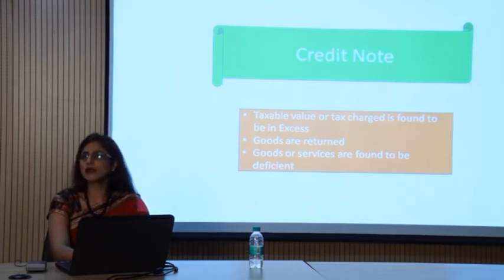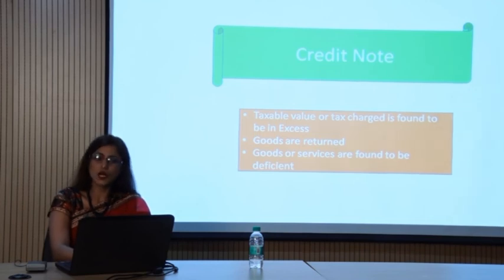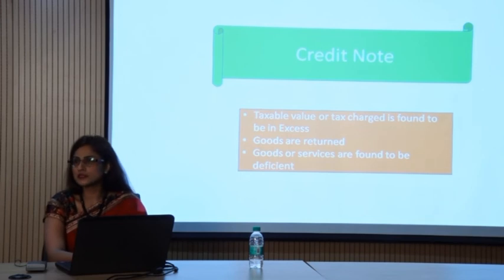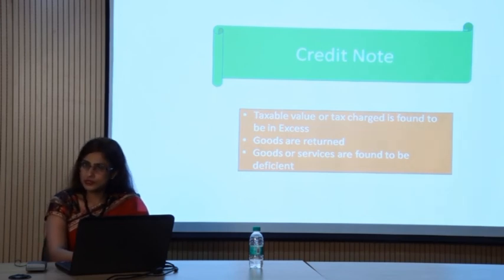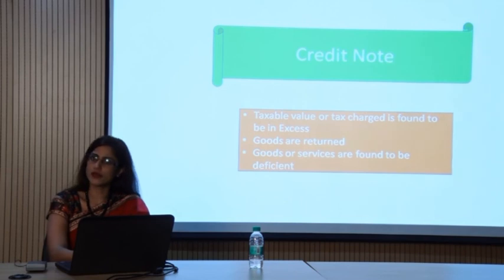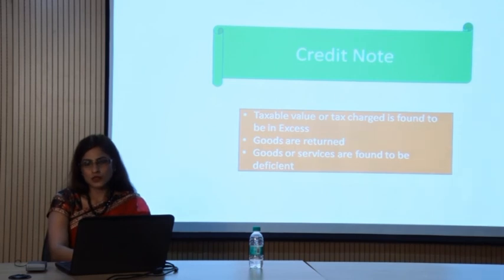You have already paid tax against these 100 sarees, but now the recipient has actually returned the sarees. Under these circumstances, which document is to be issued? That document is the credit note.